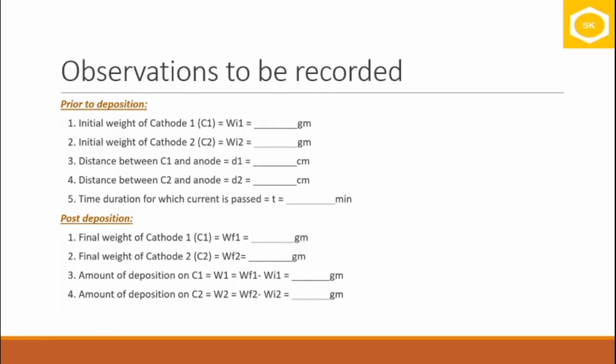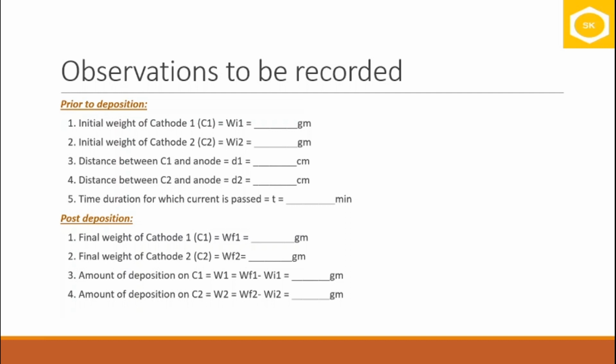Then you will take second set of readings, that is post deposition. You will measure final weight of cathode 1, final weight of cathode 2, and using this and the values that you have taken prior to deposition, you will be getting the amount of metal that gets deposited on cathode 1 and amount of metal that gets deposited on cathode 2.